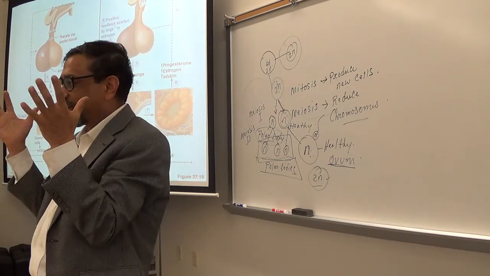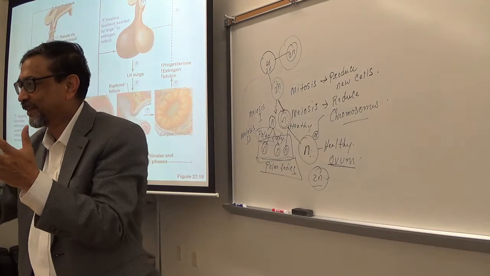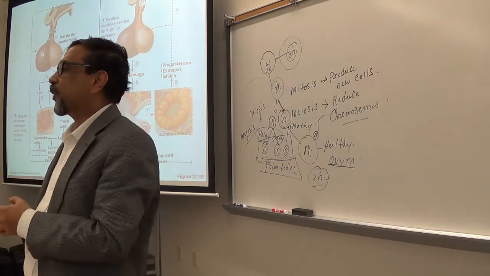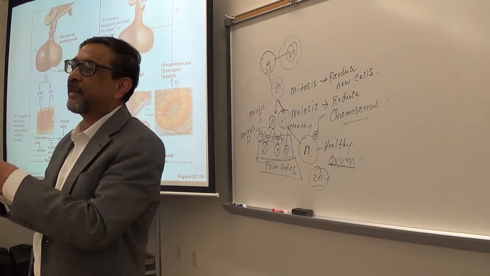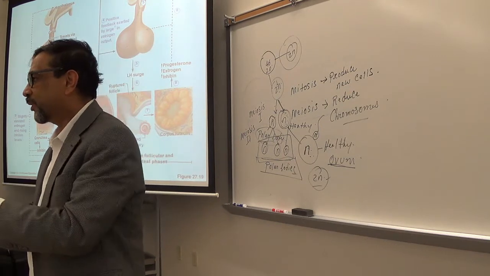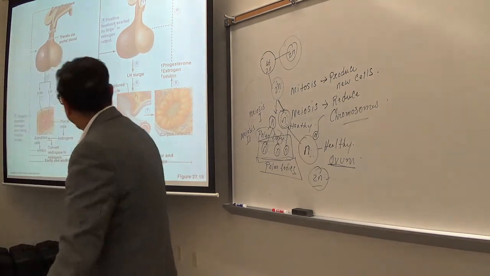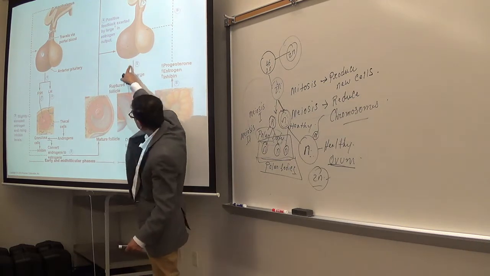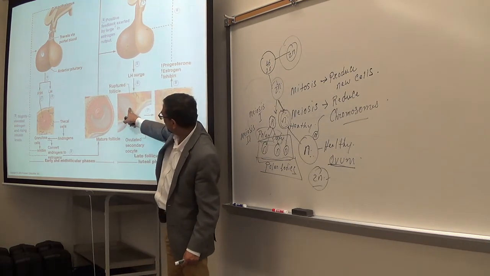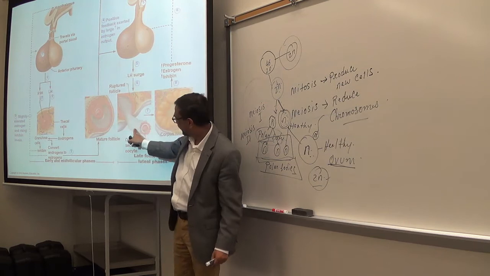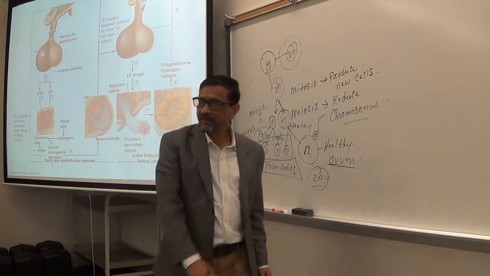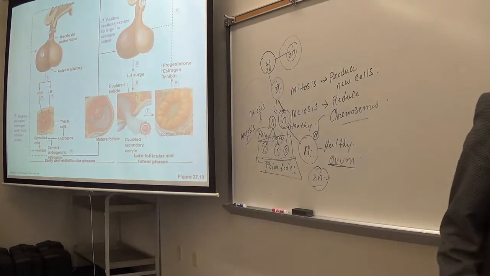It is ready to rupture, but it needs something to hit it. So the LH surge will cause ovulation. Here you see, the LH surge causes the rupture of the Graafian follicle to release the egg, to cause ovulation.